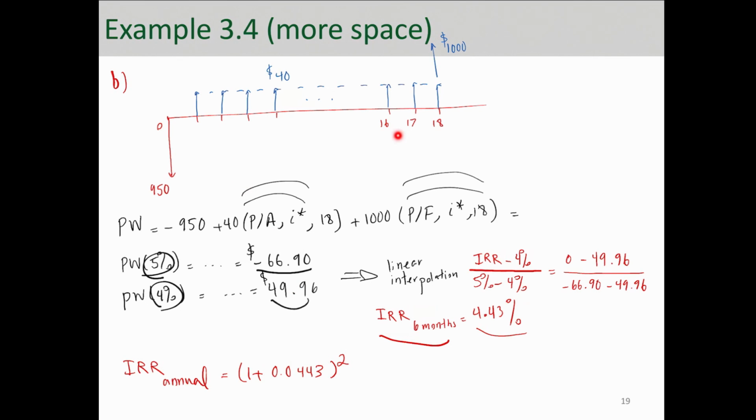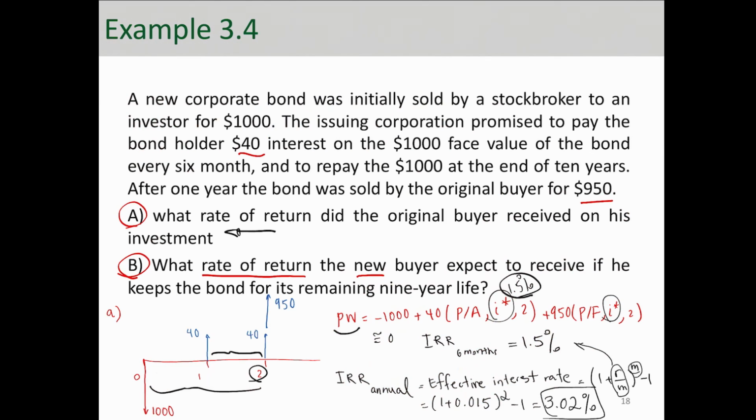And here, because everything is 6-month periods, we have 2 periods per year. Minus 1, that will give me 9.05%. And that is the rate of return of the second buyer of the bond, which is quite different from the rate of return of the first buyer.